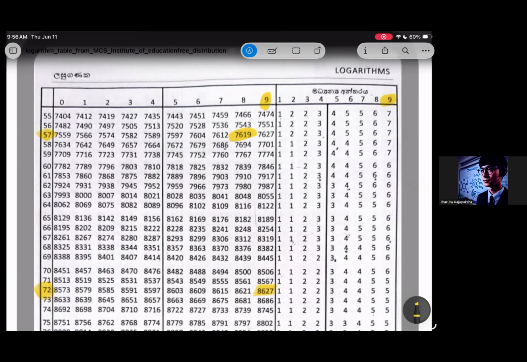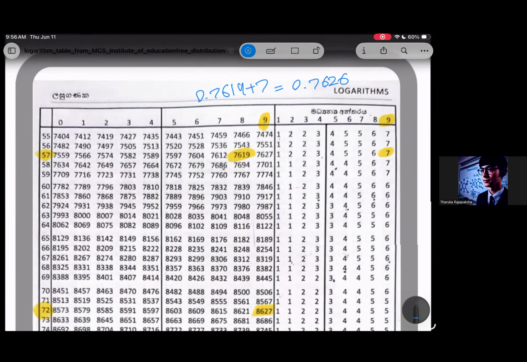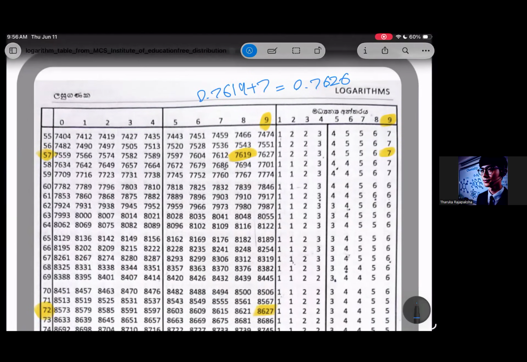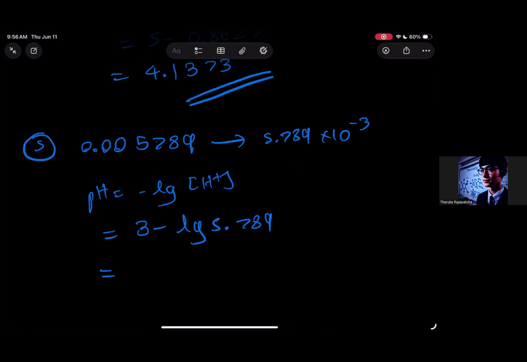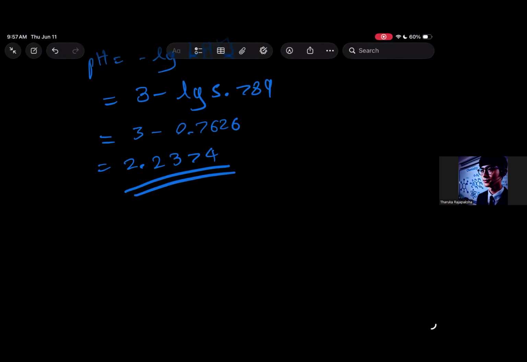So we have to add this 7 to this. 0.7619 plus 7 is 0.7626, right? So we'll write 0.7626 as the value. Then we have 2.2374. 2.2374 is the answer. So there you go.